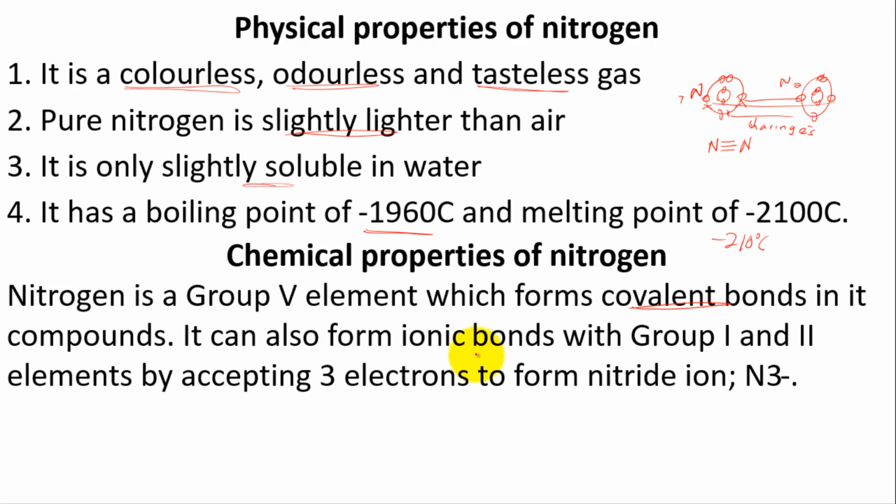It also forms ionic bonds with group 1 and 2 elements, by accepting 3 electrons to form nitride. When you have sodium, which is group 1, and sodium is 11, therefore sodium needs to lose 1.